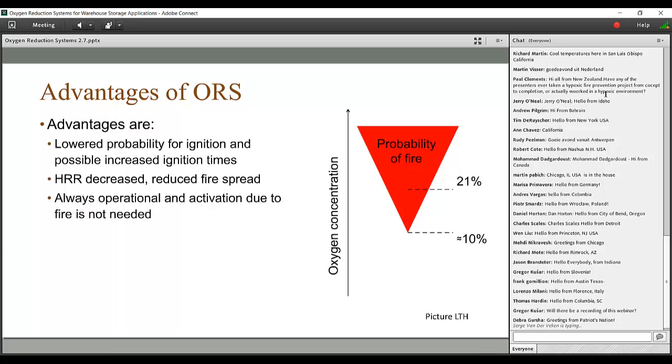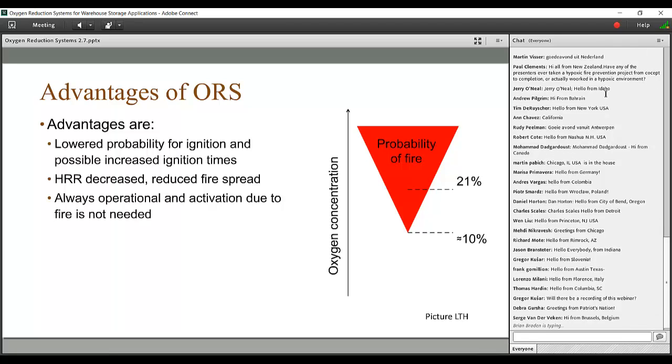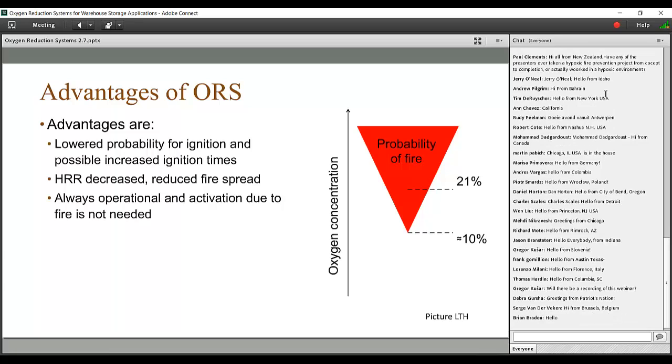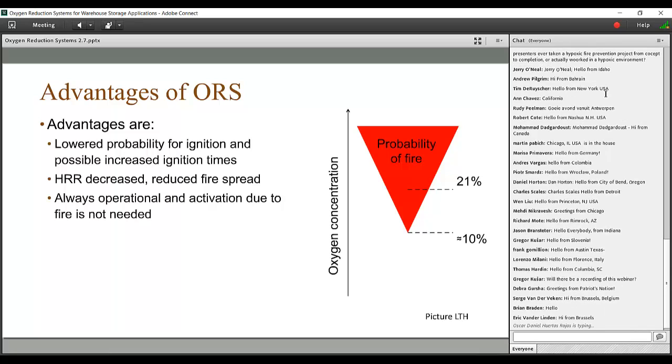You see that the probability of fire reduces if you go down in oxygen concentration in air. And we know from the theories that around 10% you would not have any ignition for many of the fuels, and that's also quite often used as an inerting concentration if we talk about, for instance, gas extinguishing systems.